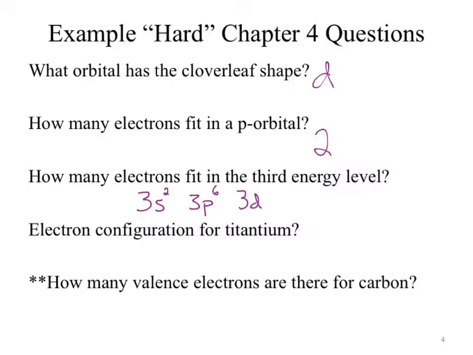Why 6? There's 3 orientations for our P type orbital. How many fit in the D? 10. Which means our total comes out at 18. Can we find that on the periodic table? Kinda, yes. We have to remember that our D is part of the third energy level, even though our D first shows up on our periodic table in our 4th row. But we could go through and just count the columns across our periodic table and we'd end up with 18.